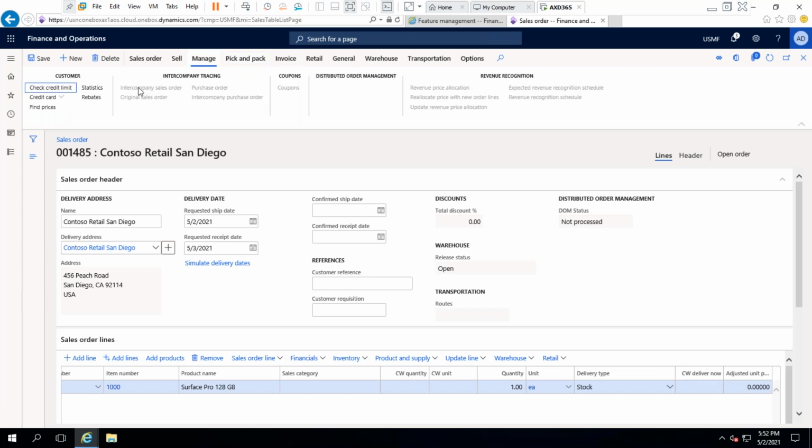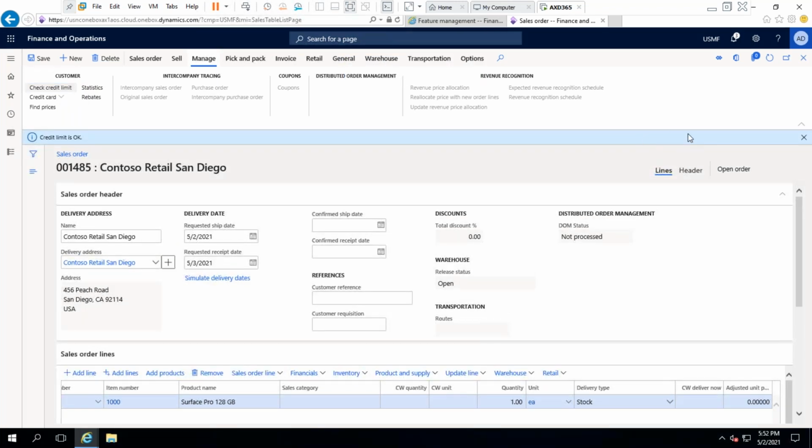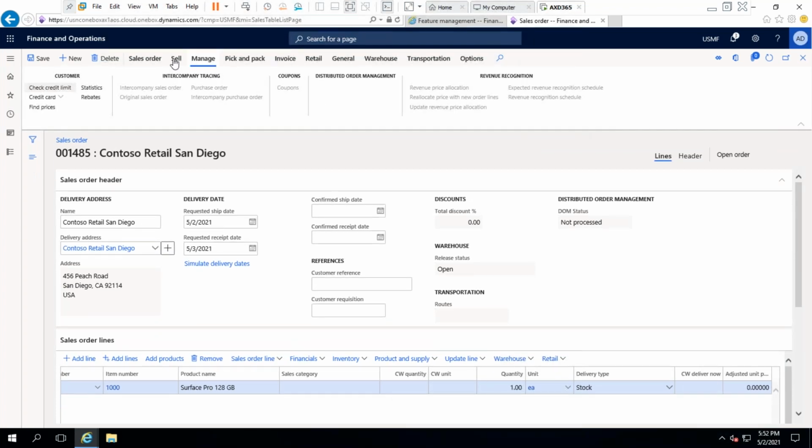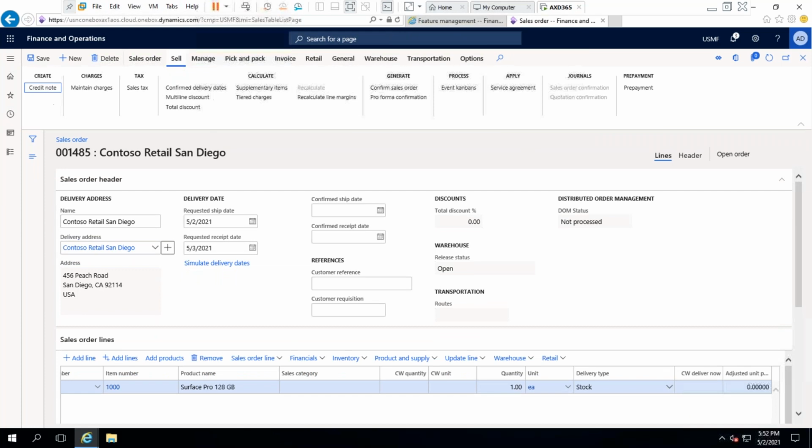Where is this credit limit? Check is fine. This credit limit check. Okay, it is fine. We can post credit limit by, okay.